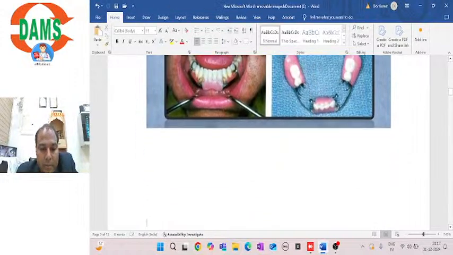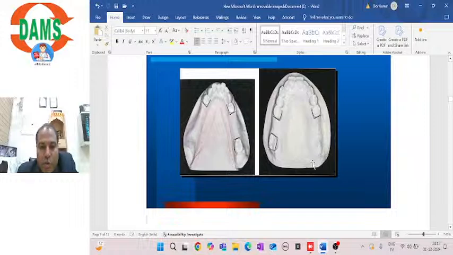Then you see what is the picture that is given. This is marked, so you can see the proximal aspect and the lingual aspect. So these are the guide planes, and it comes under the mouth preparation stage. So maximum time this question is being asked, what is the order of preparing guide planes and rests?